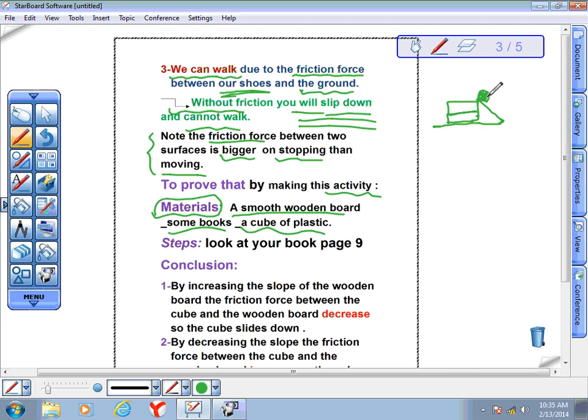And what's your observation? We can repeat these steps, but by increasing the number of books. This is a box.